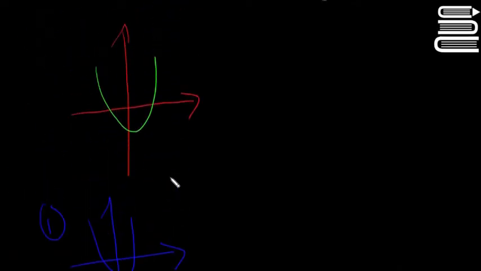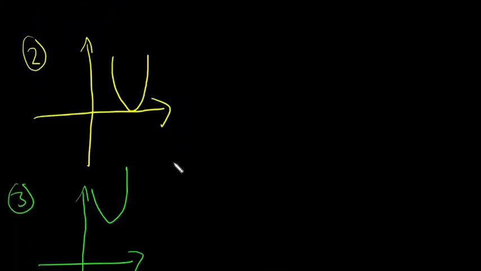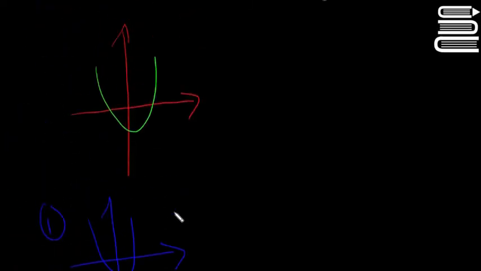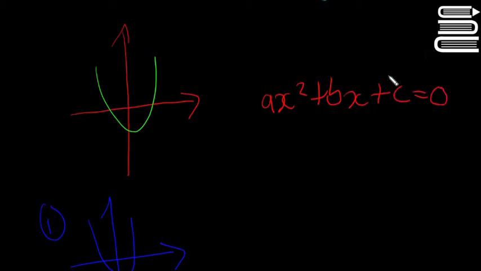And we can tell straight off the formula what it's going to be like. So again, I'm just going to write out ax squared plus bx plus c is equal to 0, the general form of a quadratic equation.